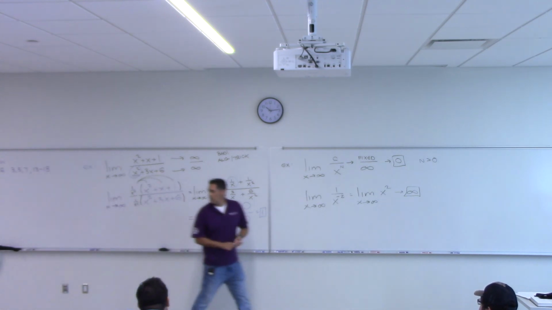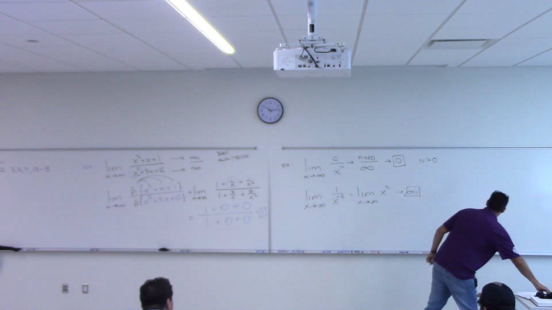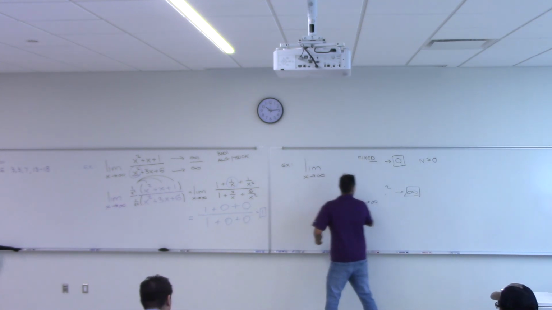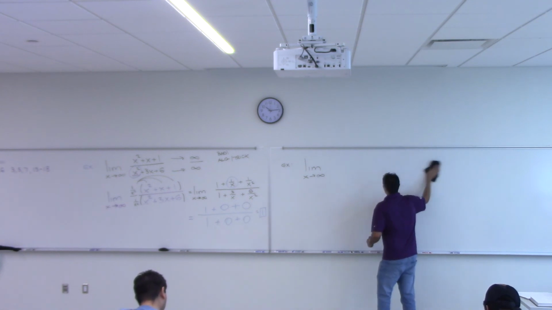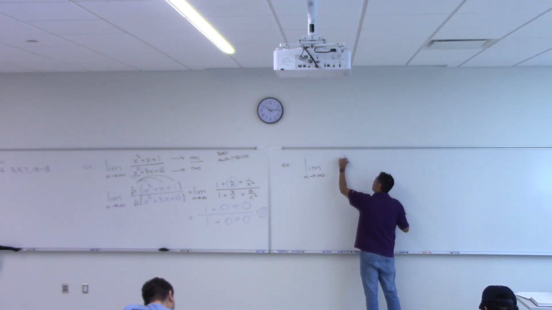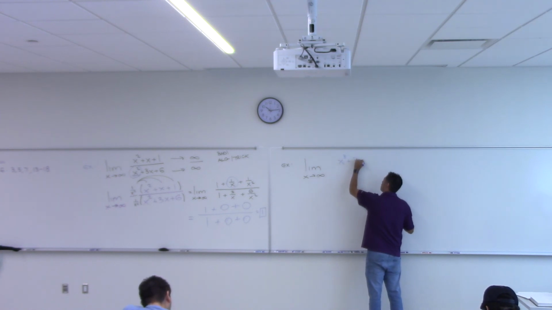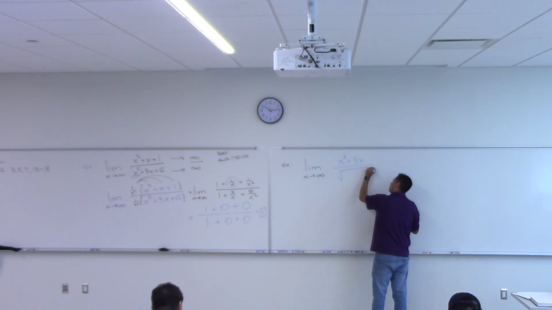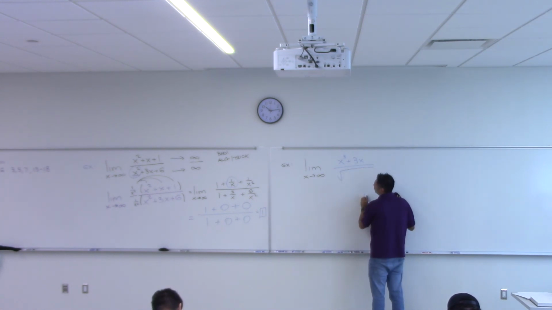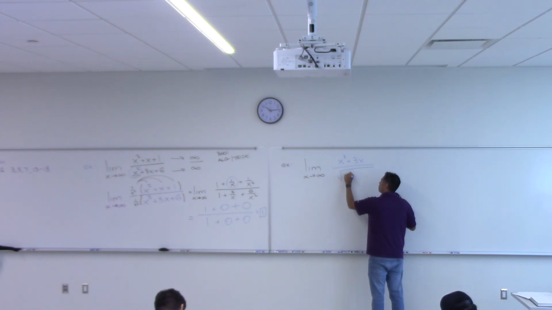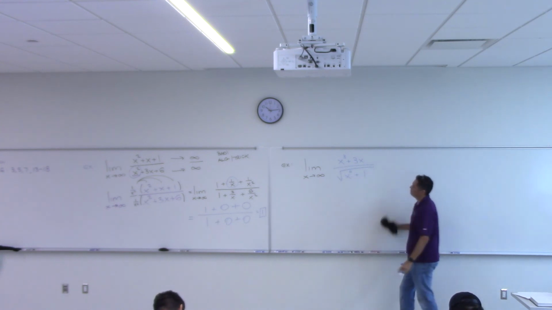I have four minutes. I'm going to try one more. How about x cubed plus 3x over the square root of x to the 6th plus 1.